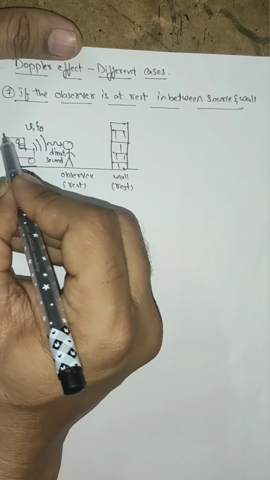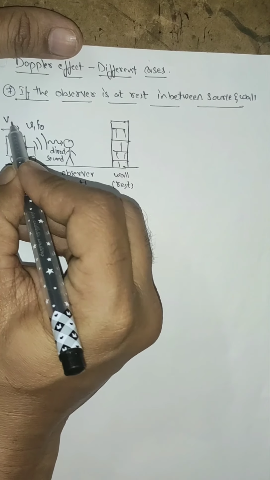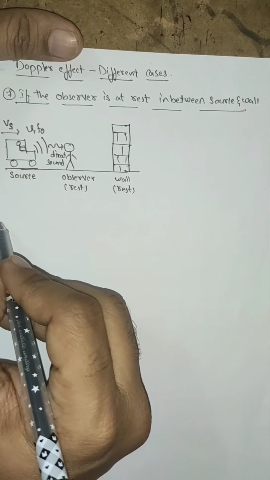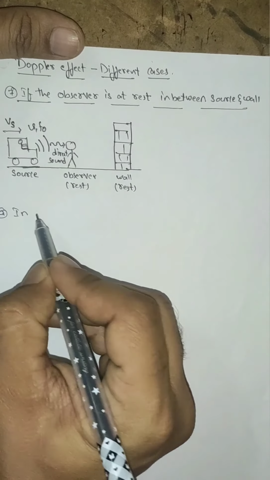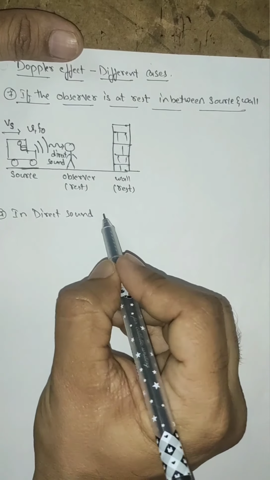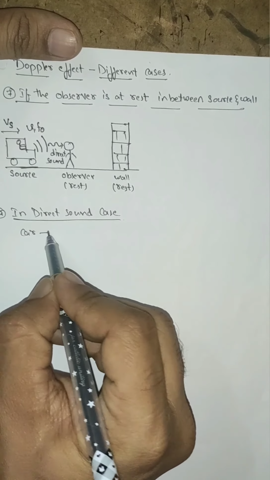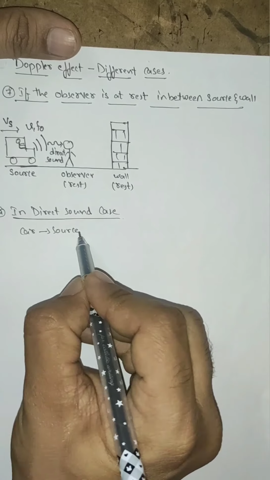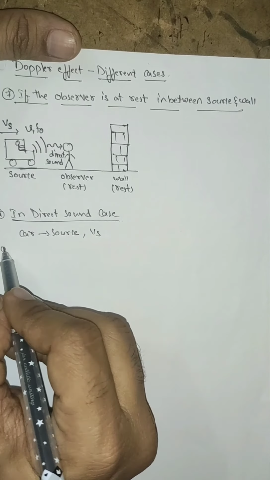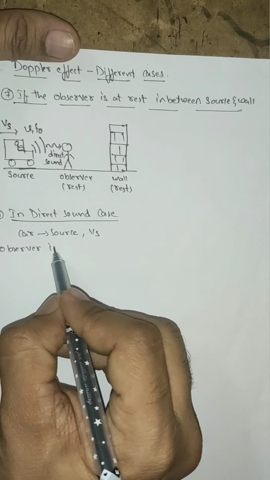Now let us consider here the car is moving with a speed of vs, meaning the source is moving with a speed of vs. So therefore in the direct sound case, the car is the source moving with a speed of vs, whereas the observer is at rest.